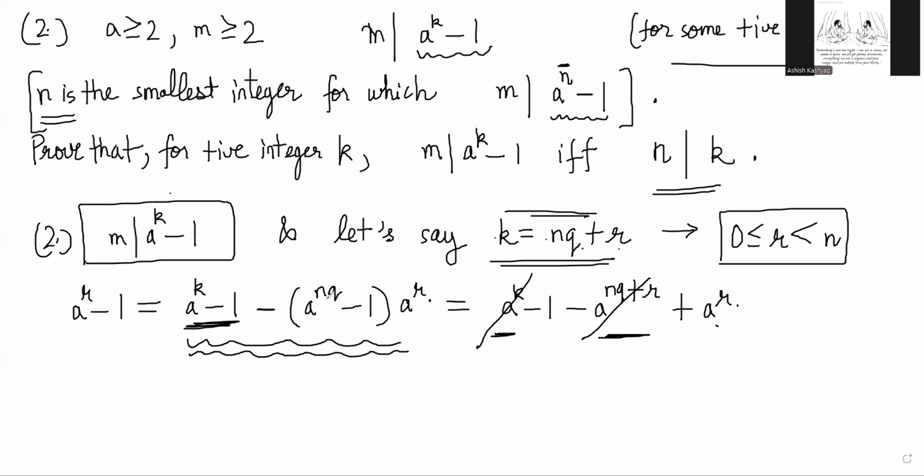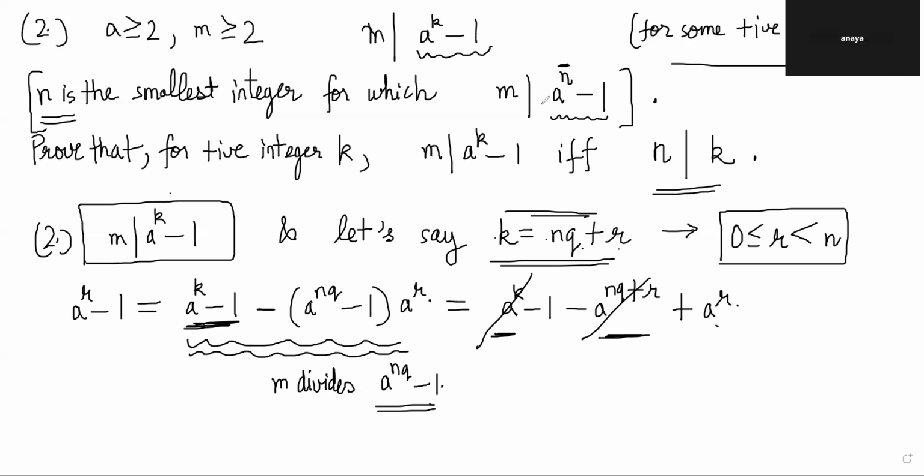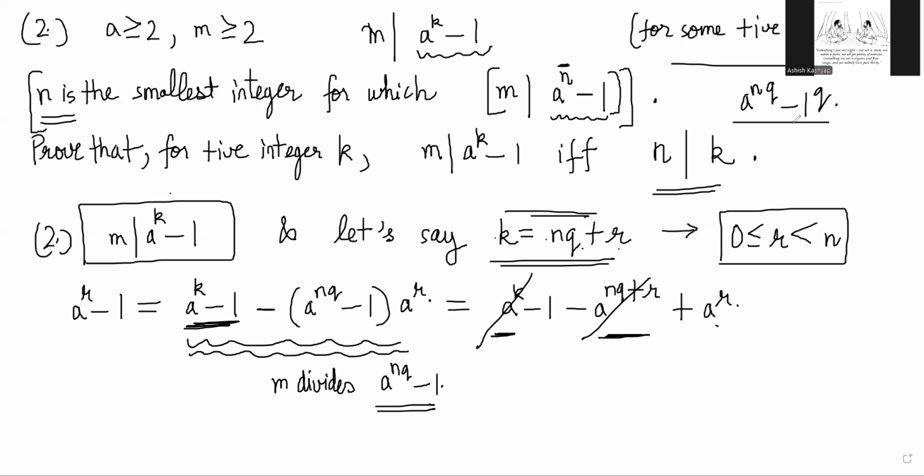So if m divides this, we also know m divides a power nq minus 1. Why? Because it was given in the problem that m divides this, right? Yeah. So this is the same thing as we have been doing before. If m divides a power n minus 1, m will divide a power nq minus 1 for any q, right?